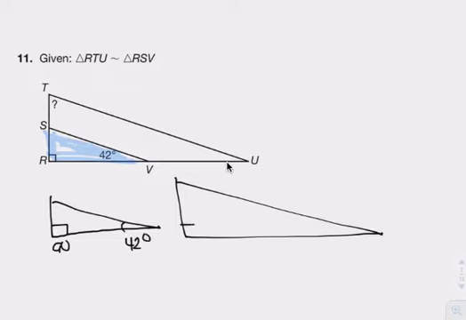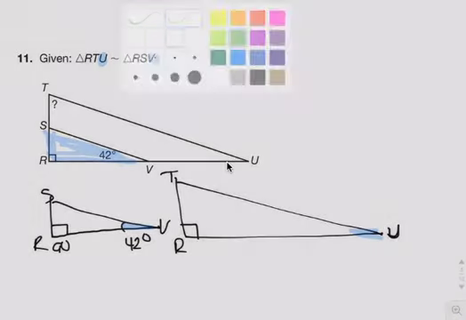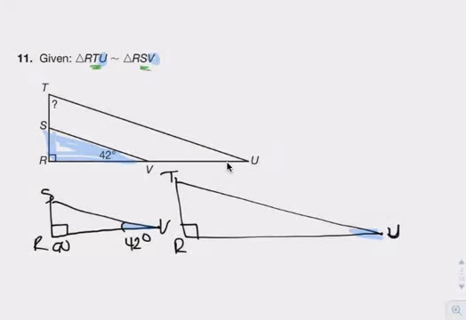Therefore, its corresponding side right here relates to angle R. This is angle R. V, this is V, this is U. V and U correspond with each other, you see. Up here also it says U and V correspond with each other. And then T and S correspond with each other. Look at this. T and S correspond to each other, okay? So we know that this is 42 degrees.